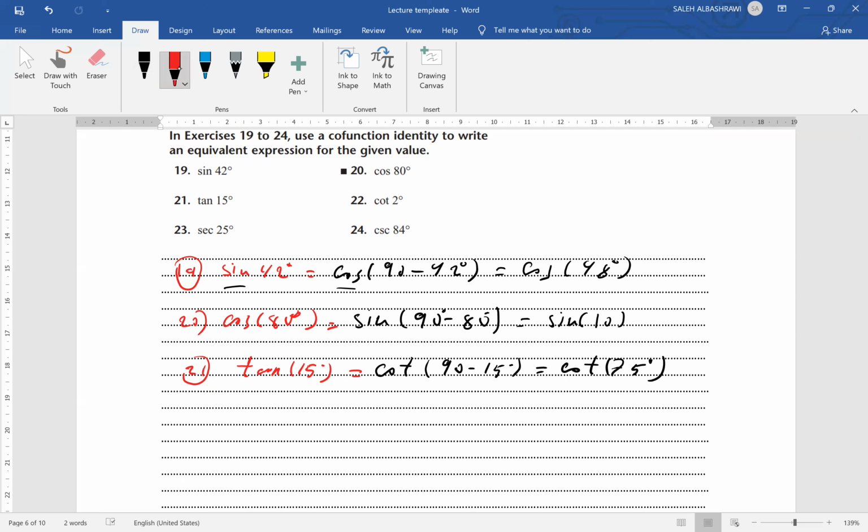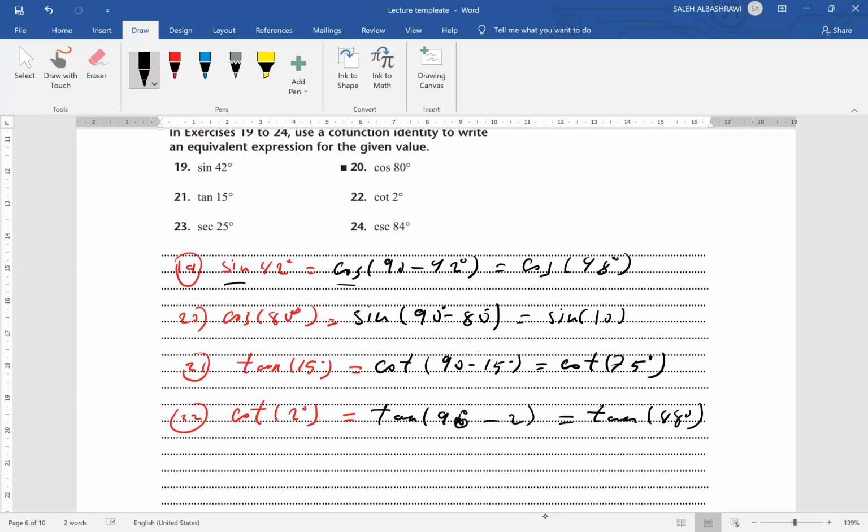Number 22: cotangent of 2 degrees is equivalent to tangent of 90 minus 2, which will be tangent of 88.